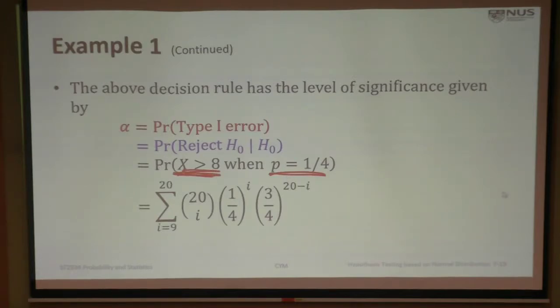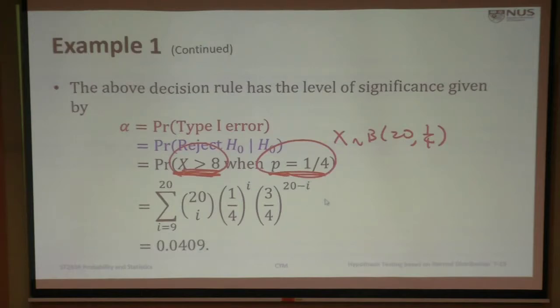To answer this question, we need to know the distribution of X. X is a binomial distribution for 20 trials, and the probability of success under the null hypothesis is 1/4. So we just calculate the probability of X greater than 8. We add up the probabilities of X equal to 9, 10, 11, and so on. So the chance is 0.04. This is alpha, the probability of committing a type 1 error, also called the level of significance.